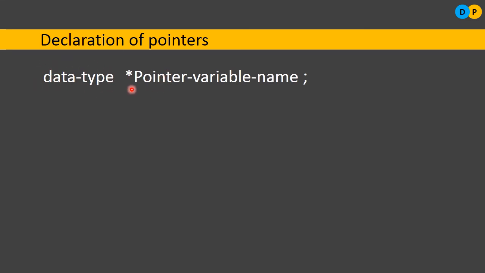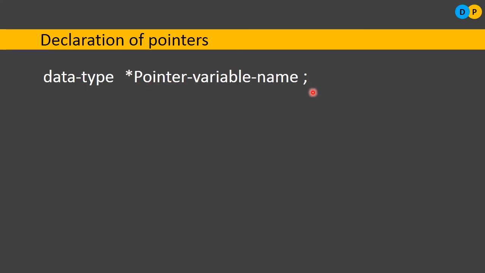Next, it is customary and mandatory to put an asterisk symbol before the pointer variable name. Always after the data type, it will be followed by the asterisk symbol, followed by the pointer variable name and a semicolon.